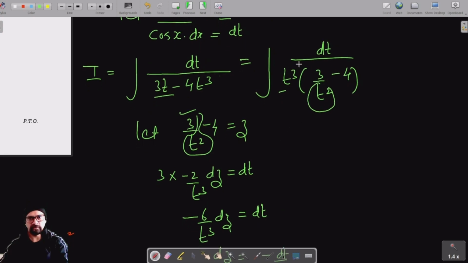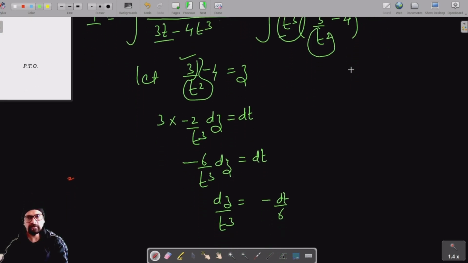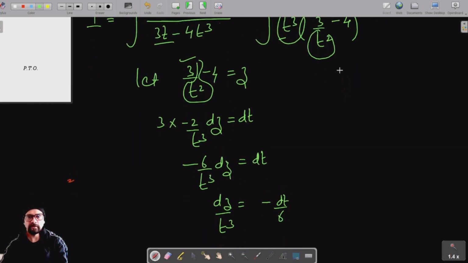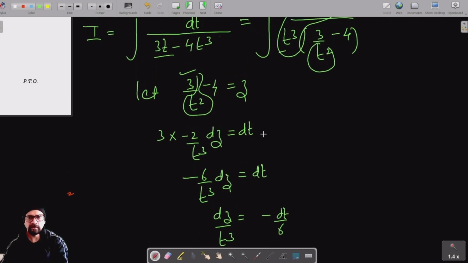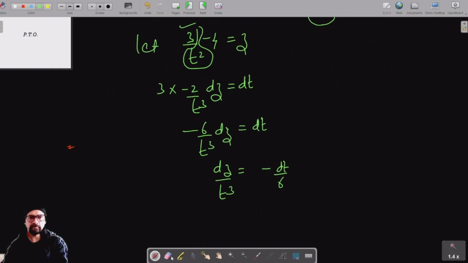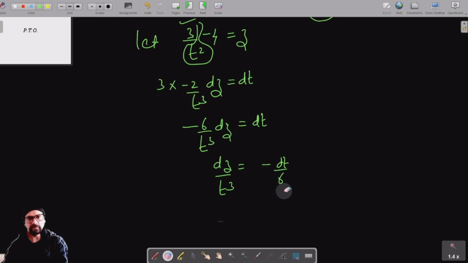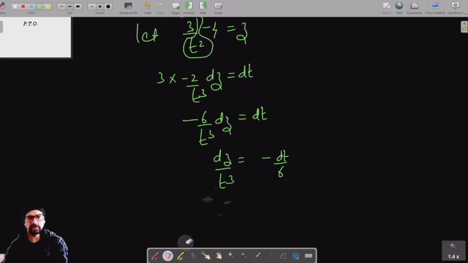Let's make the substitution. So we have differentiated this with respect to t, so this is dz by dt, and dt by t cube is equal to minus dz by 6.